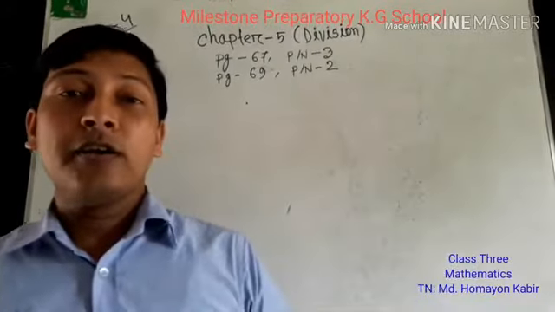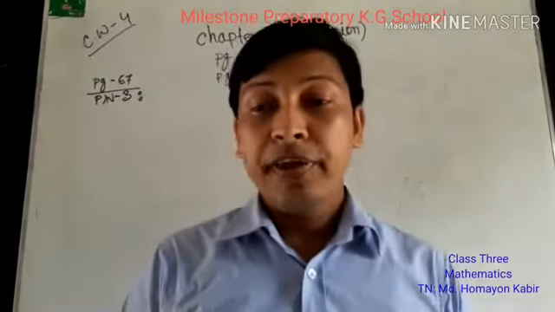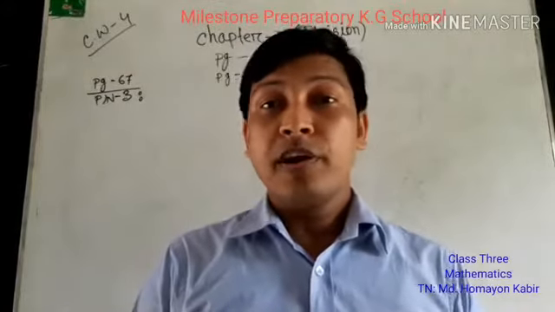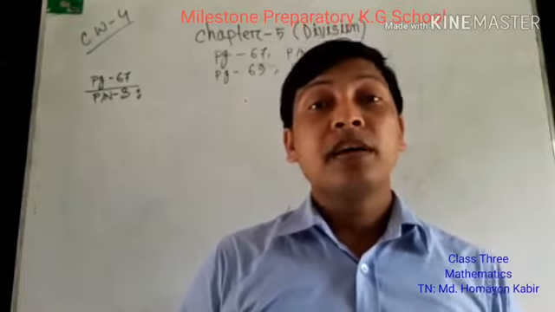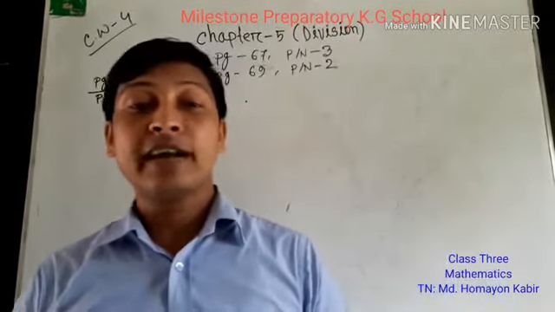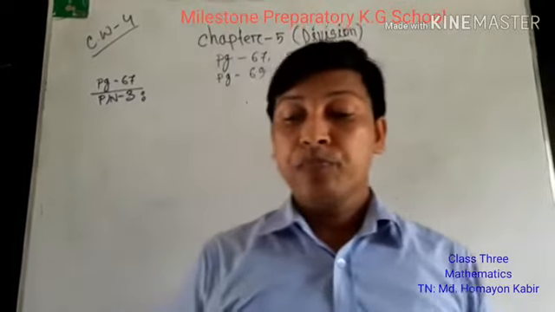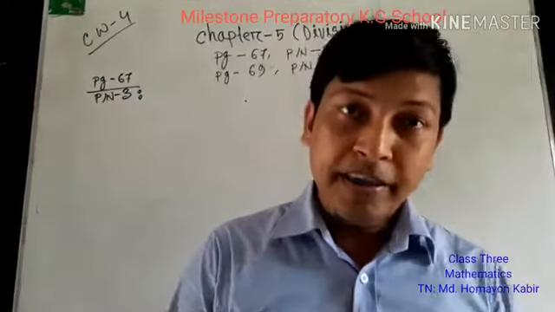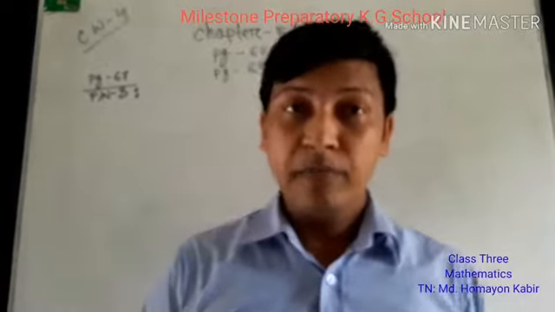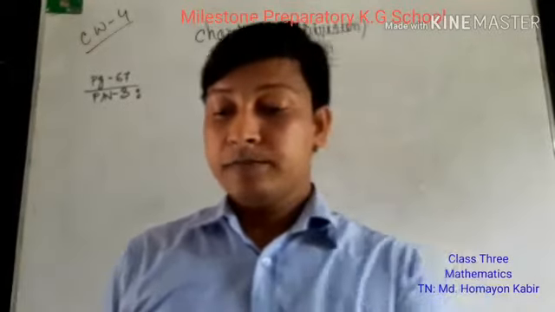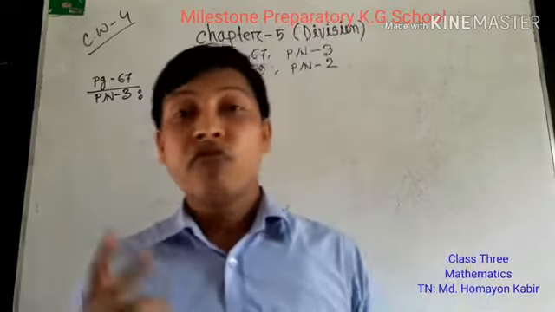So students, today our topic is word problem. Okay, so what is word problem? Word problem is a mathematical question where some information is given, and by using this information we have to solve the problem by the statement. In word problem there are two parts.